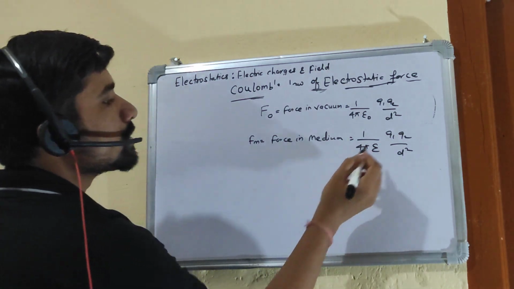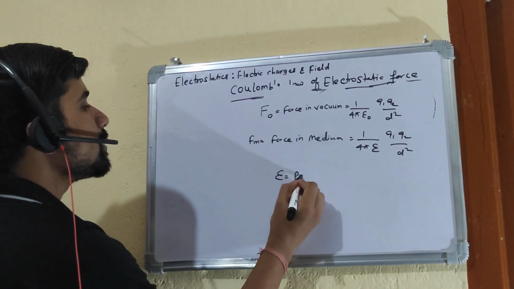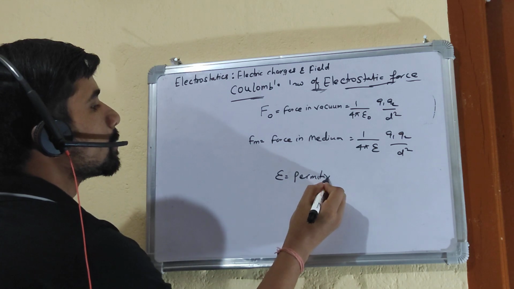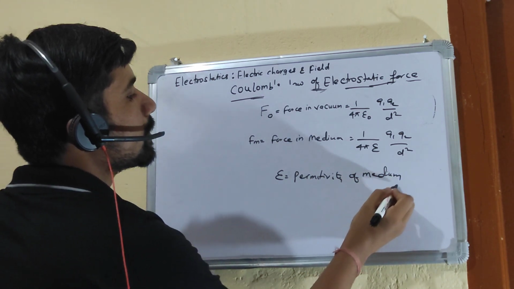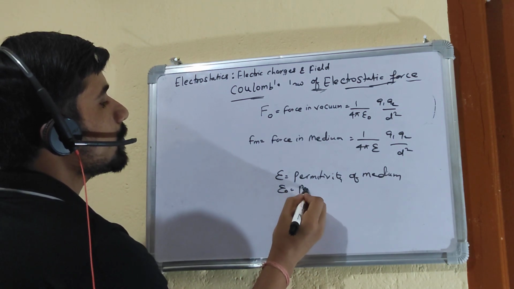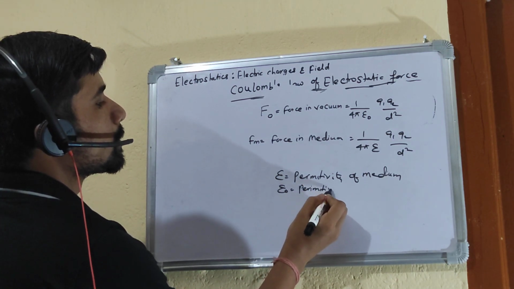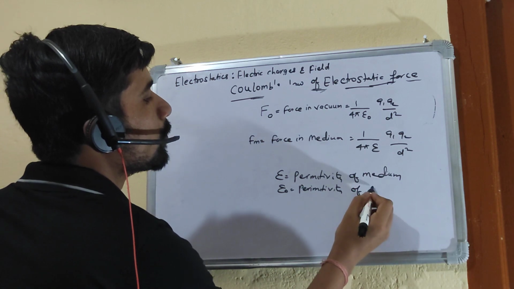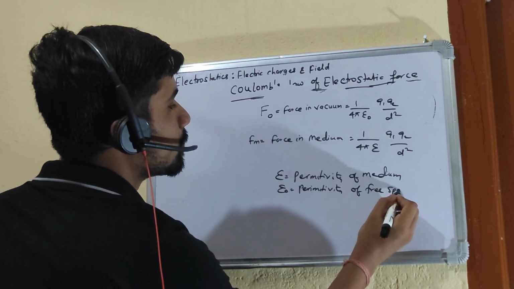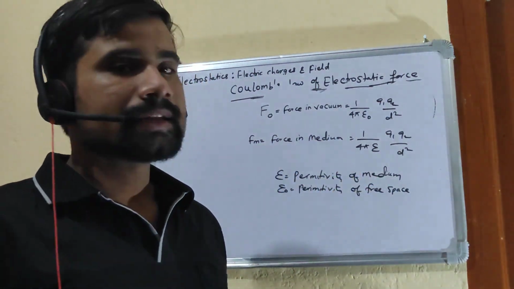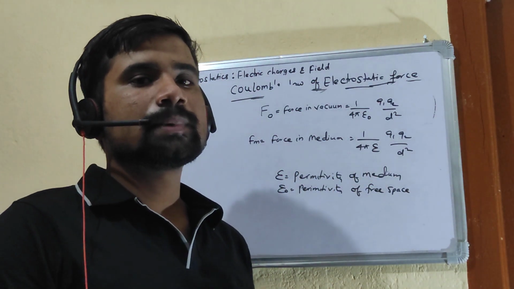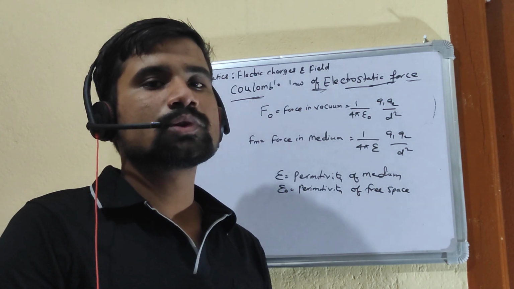Here epsilon is the permittivity of the medium, and epsilon naught is the permittivity of free space or vacuum. So this epsilon is the variable which differentiates the force between two different mediums.